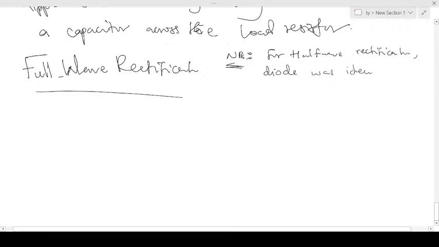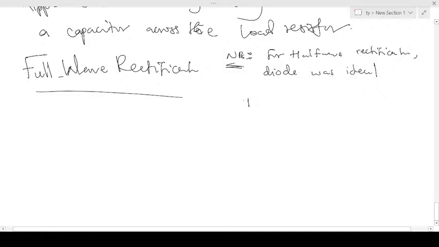In a practical diode, our barrier potential is taken into consideration. Hence, the output voltage will have a peak value that is less than the peak value of the input voltage, or 0.7 volts less than the peak value of the input voltage.